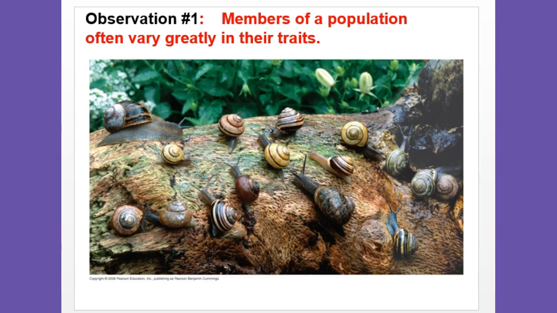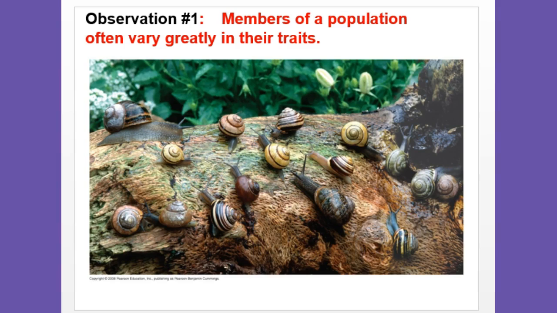Observation 1: members of a population often vary greatly in their traits. What this photograph is showing is the variation within a population, and the extent of that variation is the heritability, the chances that those traits can be inherited.